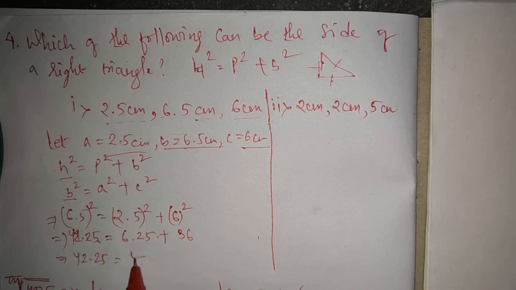When you add this, you will get 42.25. Is the right hand side equal to the left hand side? Yes. The sum of the squares of two sides of the triangle is equal to the square of the third side. So the given triangle is a right angle triangle.